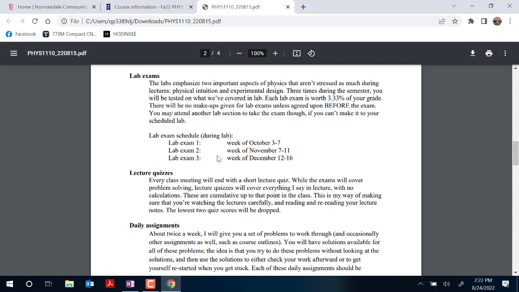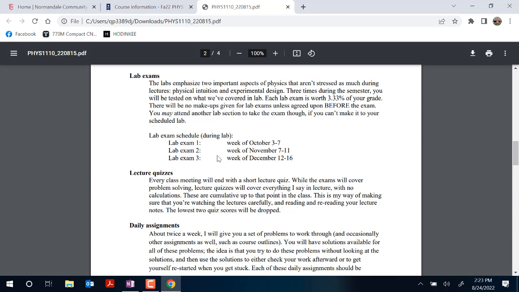What's the object going to do? What would happen if that object hit a bigger object? And so that's what I'm going to try to get at in the labs, with a little bit of experimental design, as it says, but mostly it's going to focus on physical intuition.